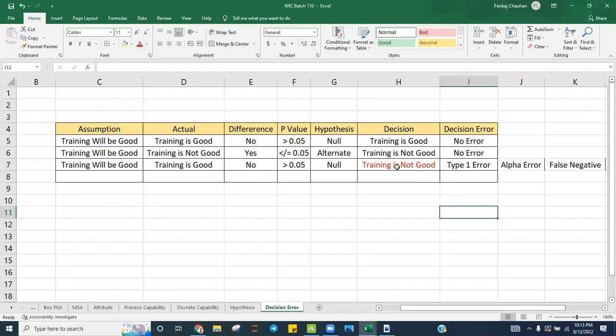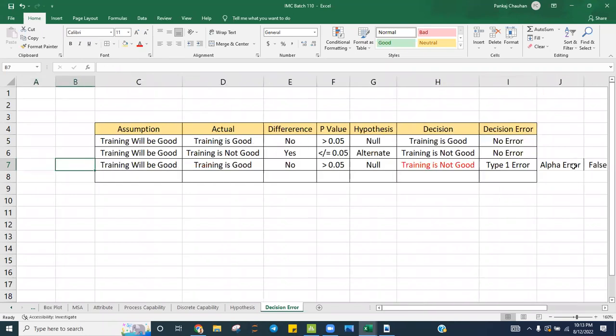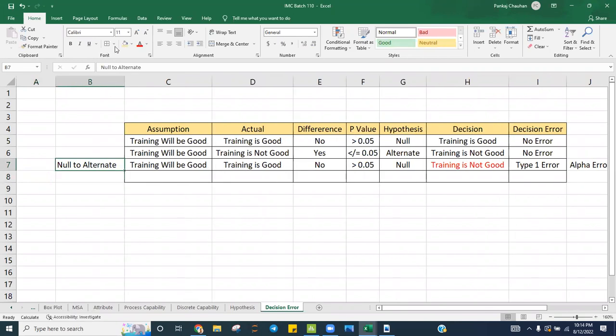This decision error is called a type 1 error, alpha error, which is also called false negative or the producer risk. In simple words, when you have the null hypothesis and you are telling it to be alternate, then it's a type 1 error.